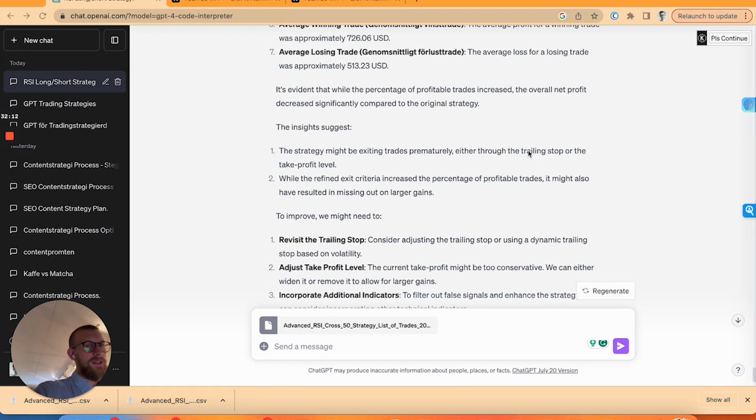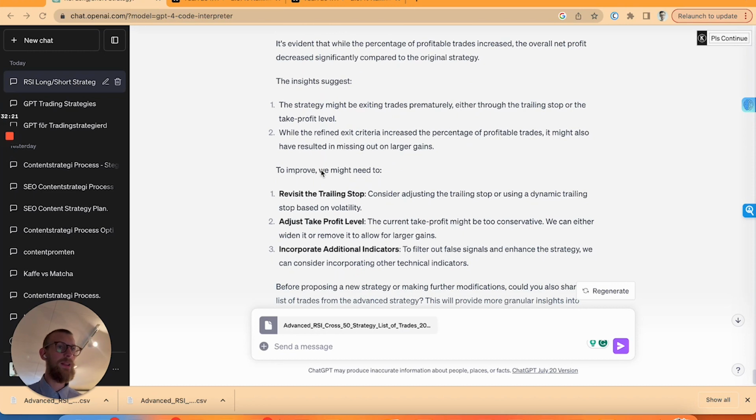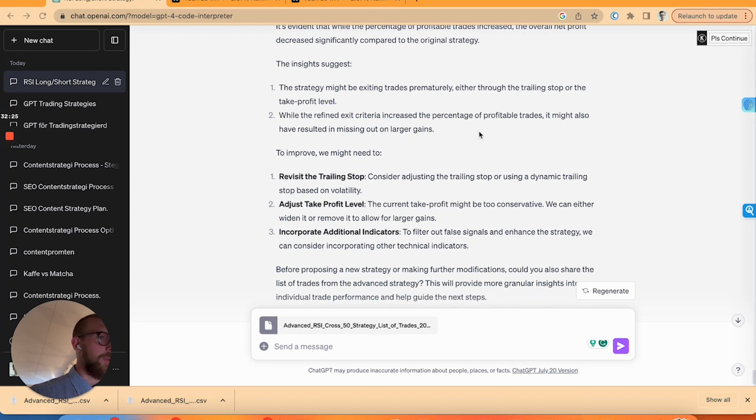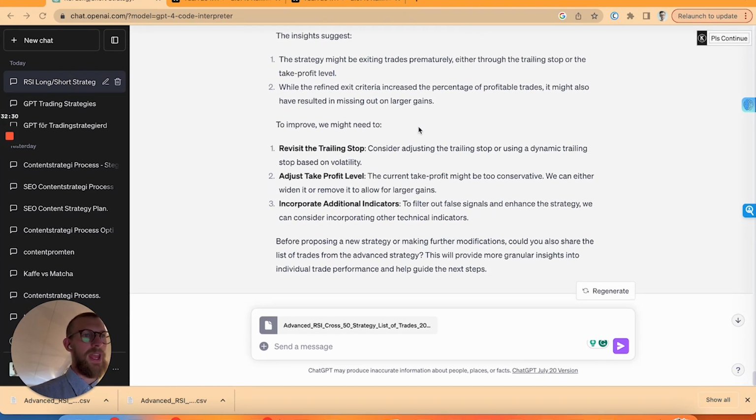The insight suggests that the strategy might be exiting trades prematurely, either through the trailing stop or the take profit level. While the refined exit criteria increased the percentage of profitable trades, it might also have resulted in missing out on large gains. Yes.